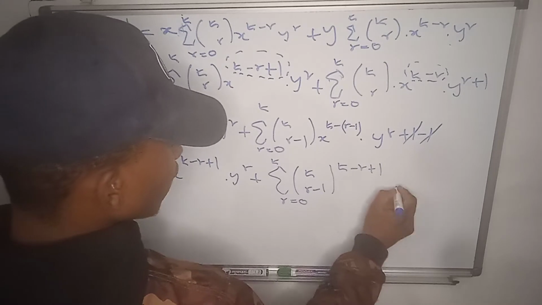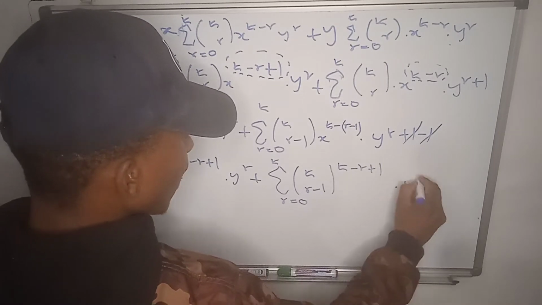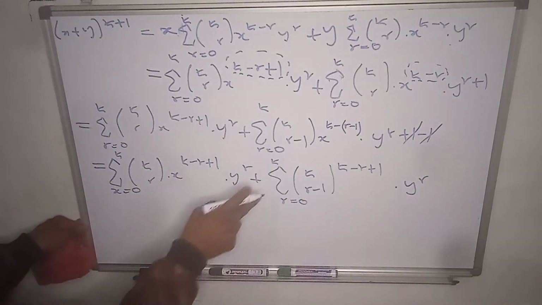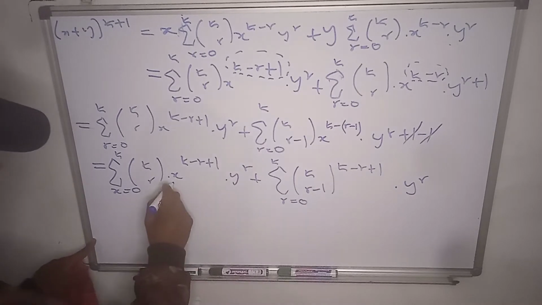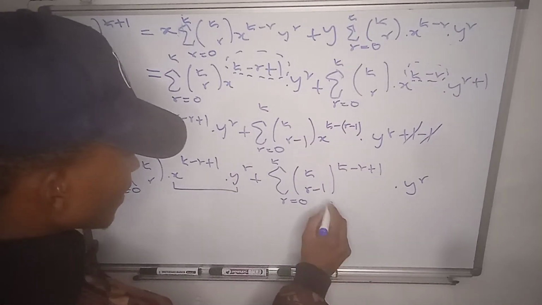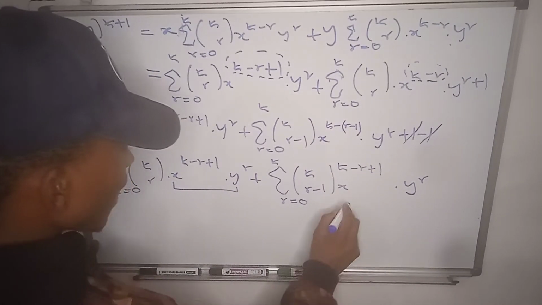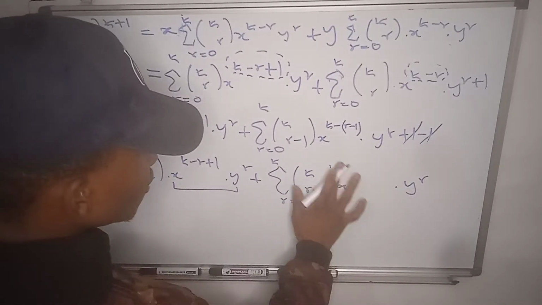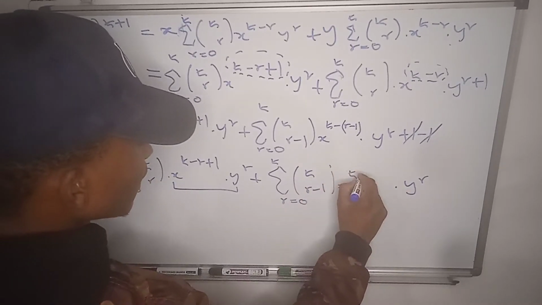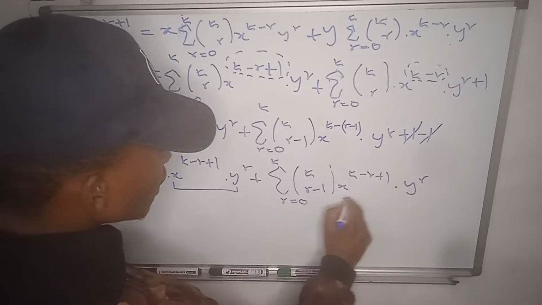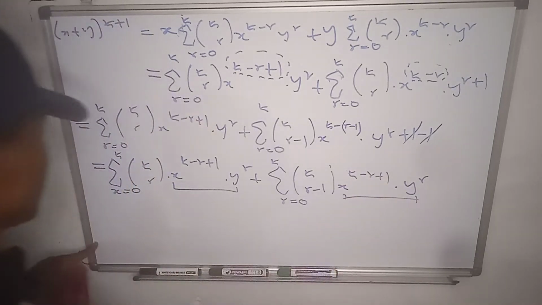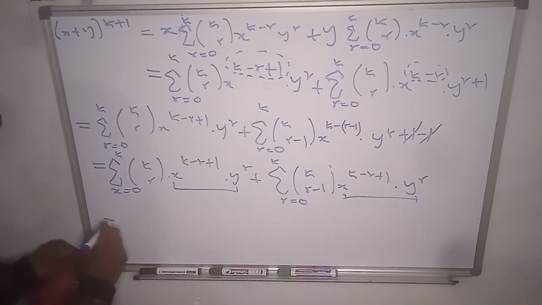This is what we are going to have, multiplied by y^r. So we can see that our exponents are the same here. This is x, and this is the exponent of x, k minus r plus 1. We can see that the exponents are the same here. So what is it that we are going to do?